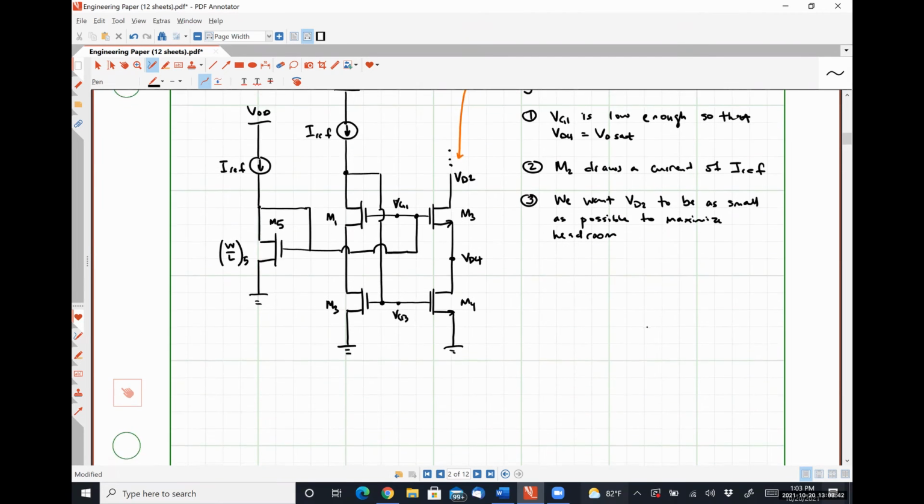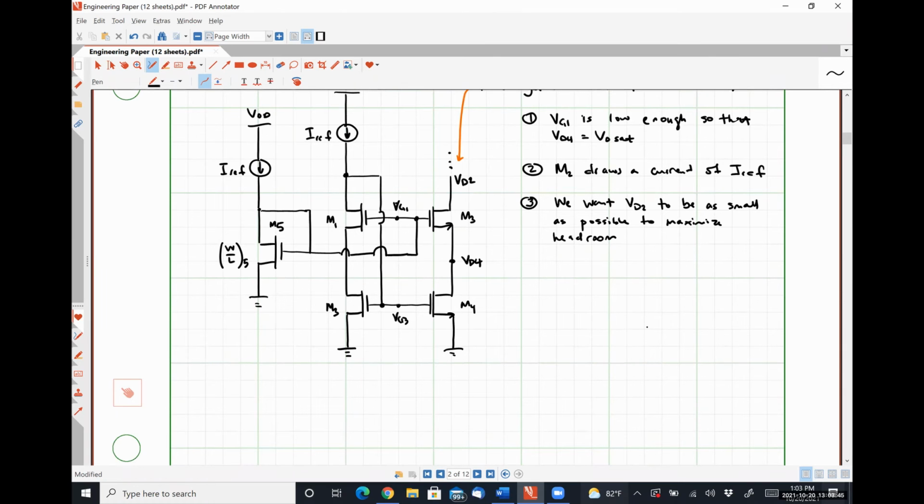So utilizing this connection, what can we say about the voltage VG3? That's the gate voltage for transistor M3 and transistor M4. It is exactly equal to VGS3, which will be VTH plus VDSAT, right?